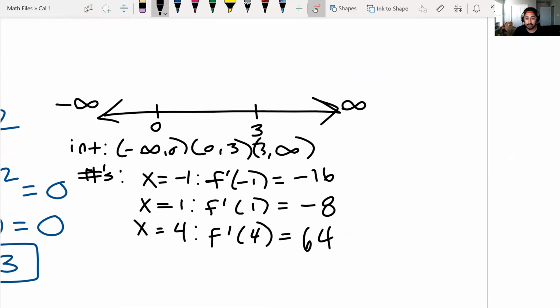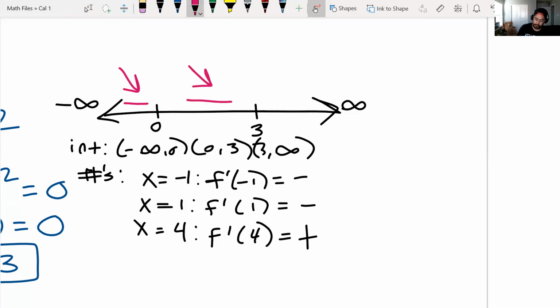We got a negative, negative, and positive. Now when making the sign chart, from negative infinity to 0, since we picked -1, I got negative, which means we decrease. 0 to 3, I got again negative, which means we decrease. 3 to infinity, we got positive, so we increase.